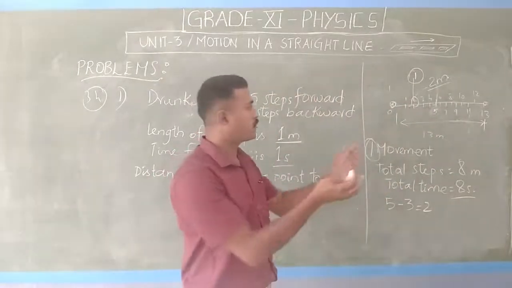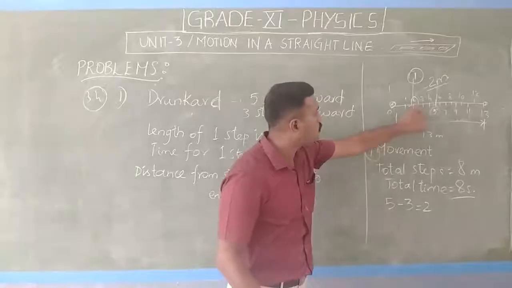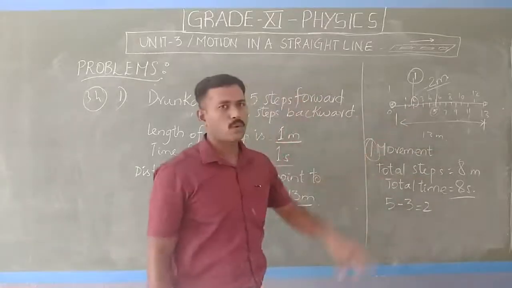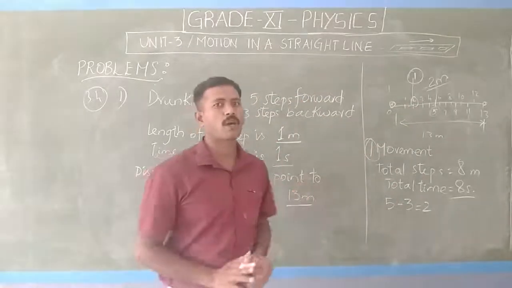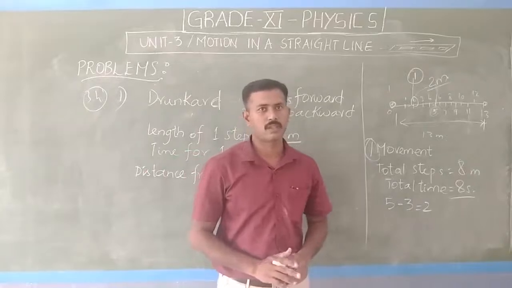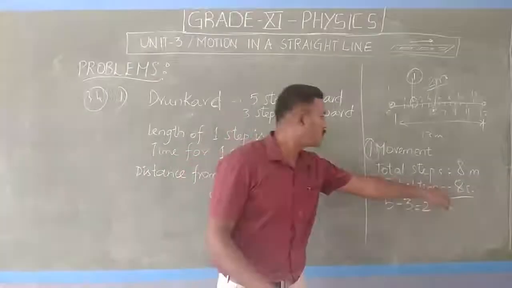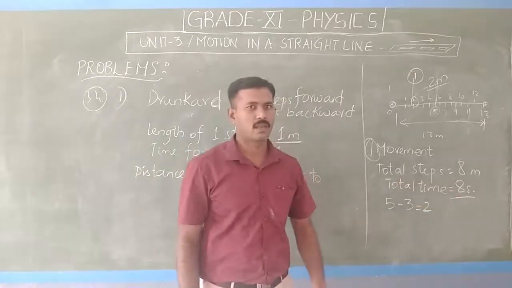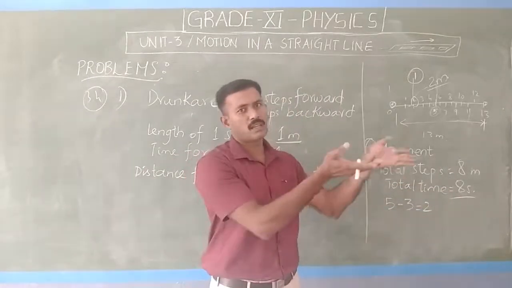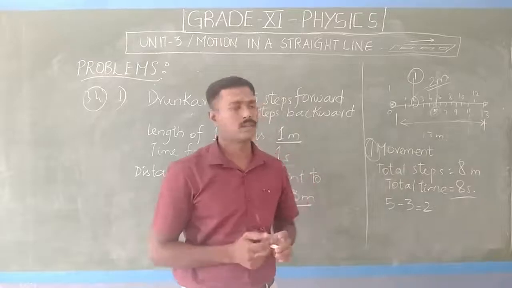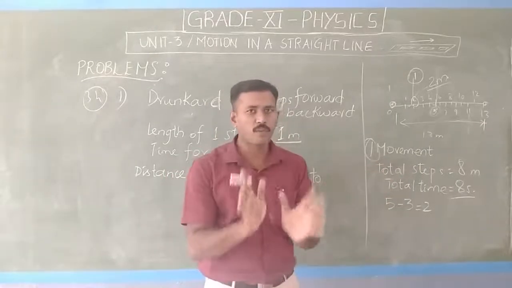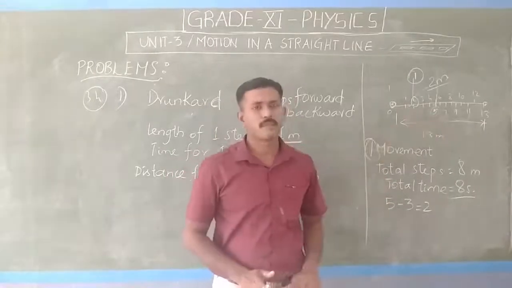Another way is to count the movements. The number of movements will give the number of seconds, and that number of seconds is the final answer. So you need the number of movements till the destination point.